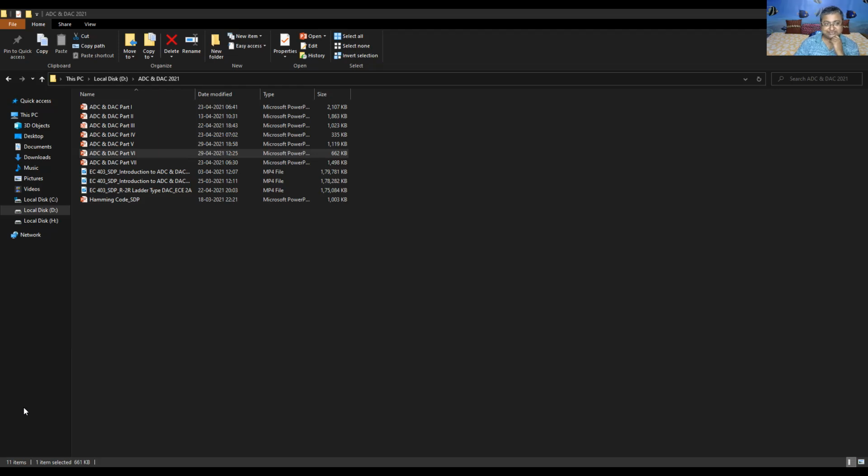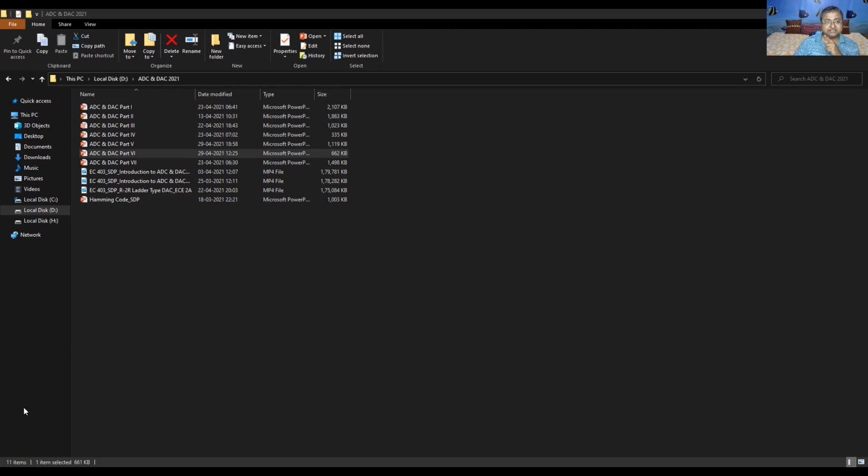Initially at t equal to 0, Q is 1. The switch is connected to Vin.